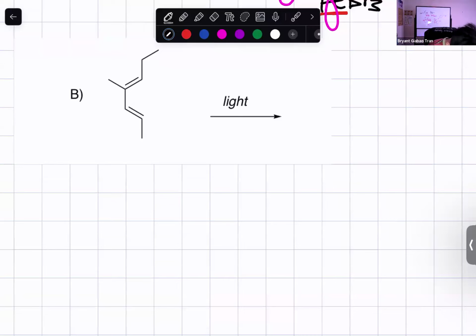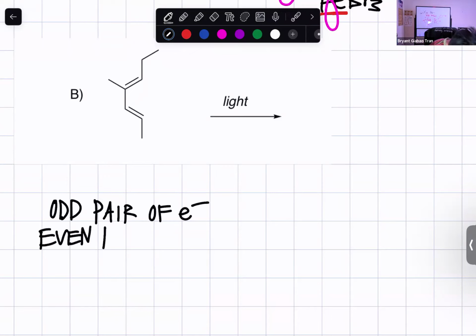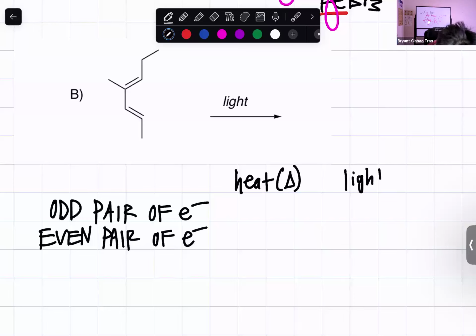Let's just do odd. I'll fix it if it's wrong, but this is what I remember so far. Odd pair of electrons, even pair of electrons, and heat. Lievens would write heat, or you might see that as a delta symbol, and light, which is H nu. Okay.